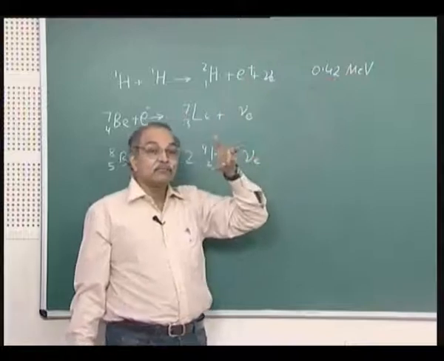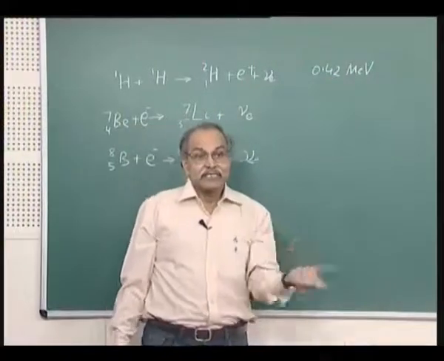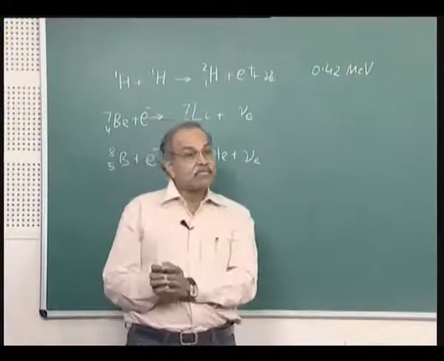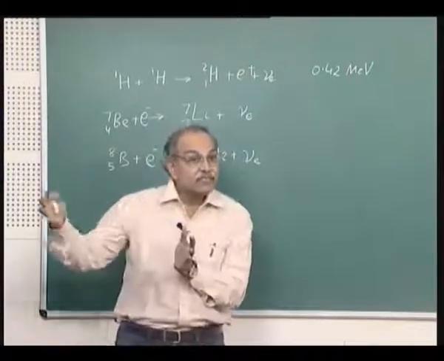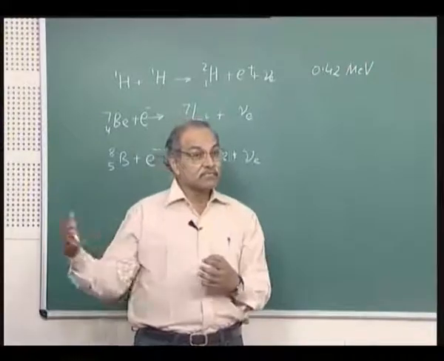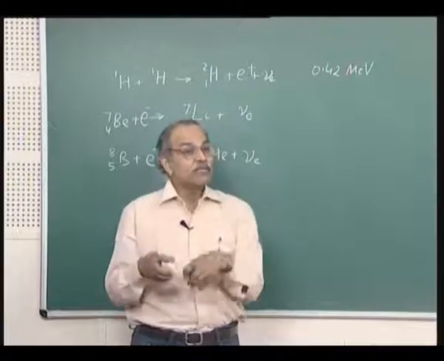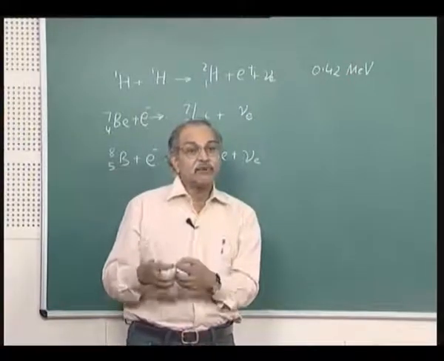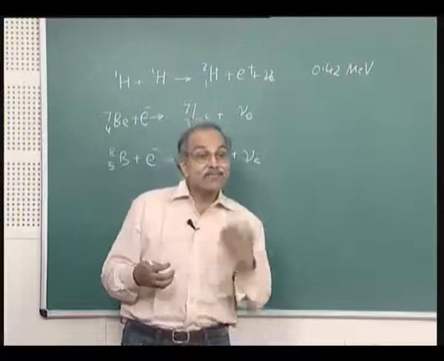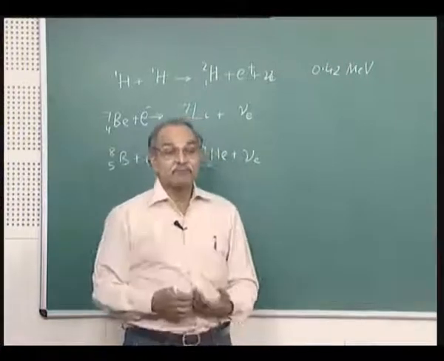That is how the whole concept of the neutrino was started. In beta decays, those beta particles had a continuous spectrum of energy, and people were not able to understand how, when the Q value can be calculated accurately, these beta particles have energy less than the Q value, and that too varying from 0 to that maximum of the Q value.